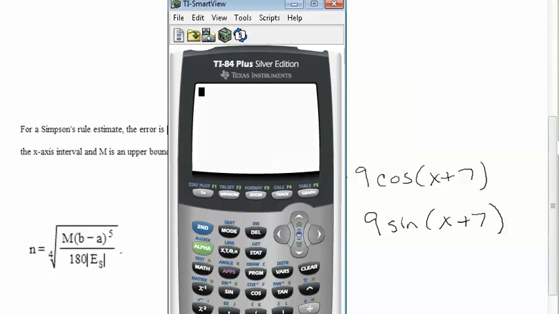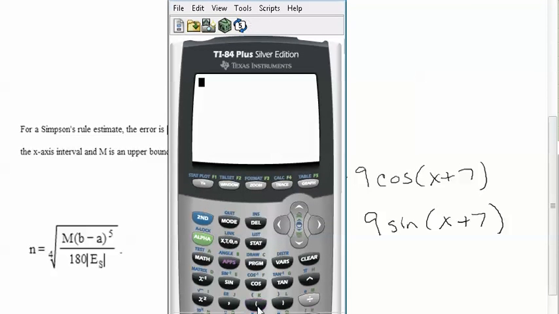So in this case, we're going to do 9 times the 7 minus -4 raised to the 5th, and you're going to divide that by 180 times the error, which was 0.0002.